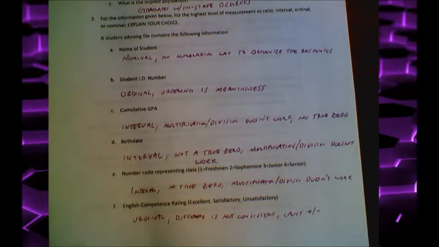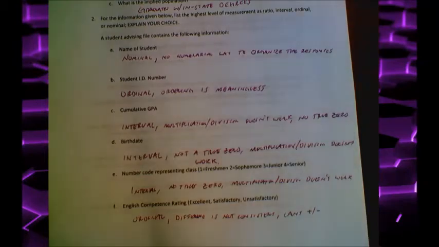So again, to get to ordinal, we can order it, but once they are in that order, there's no definitive how much better one is than the other. So there's those two things that you have to get in order to get up to that next interval level. All right, so let's take a look at the second page here.